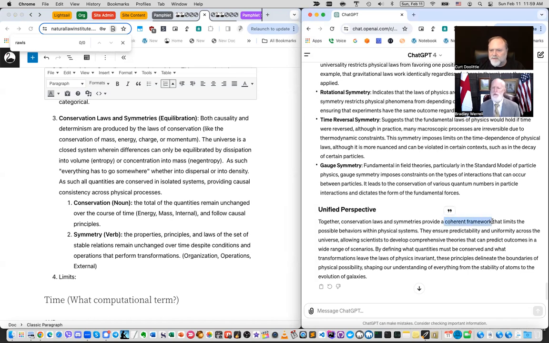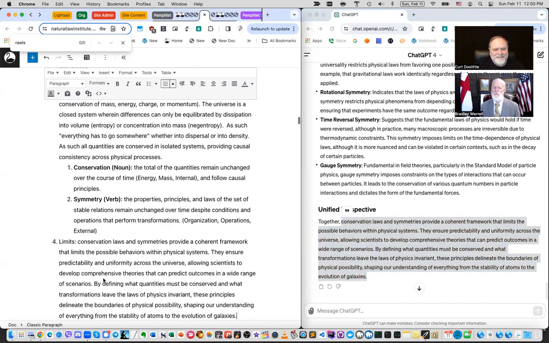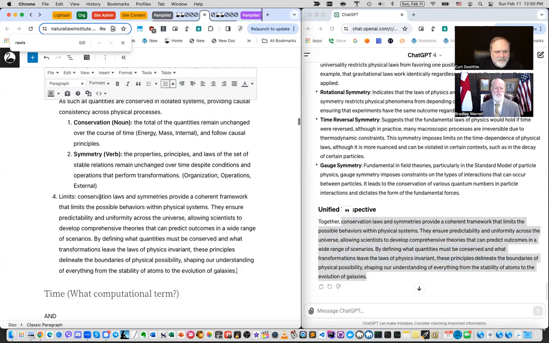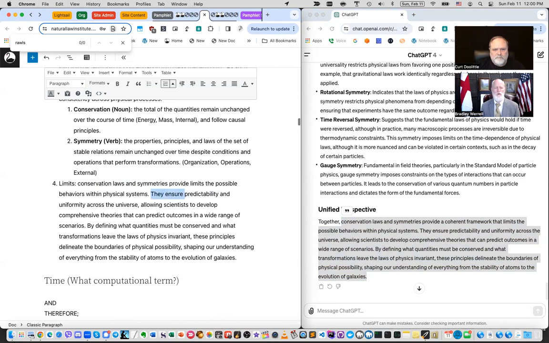A coherent framework. That is the what. There's three phrases in there worth talking about. That's causality.